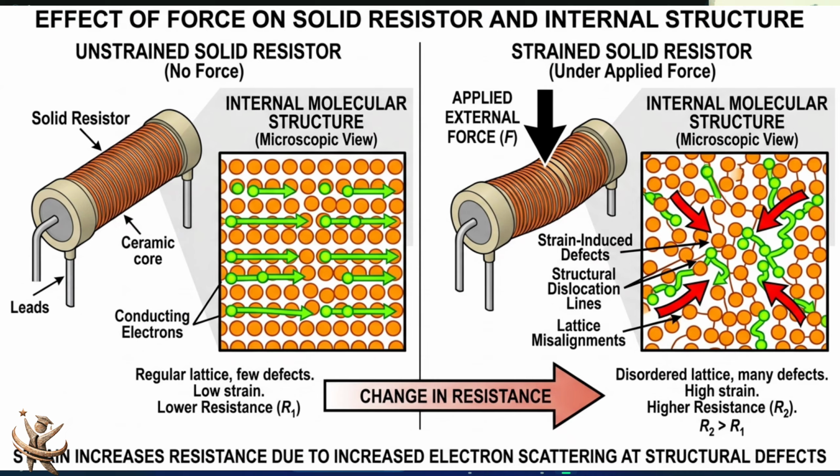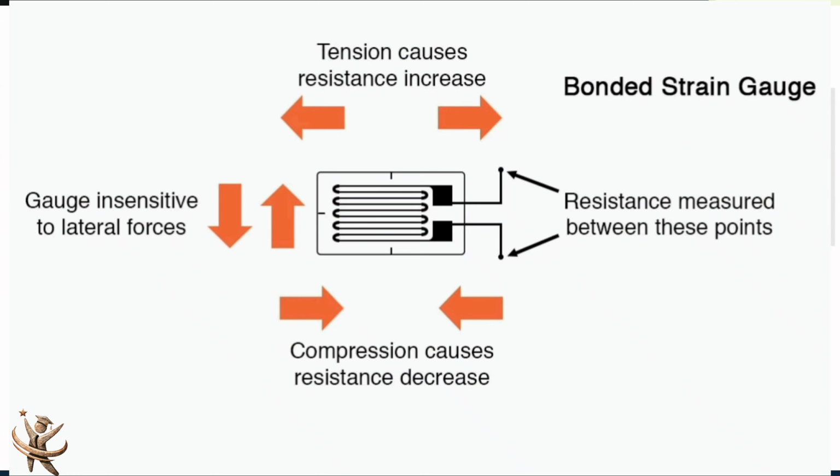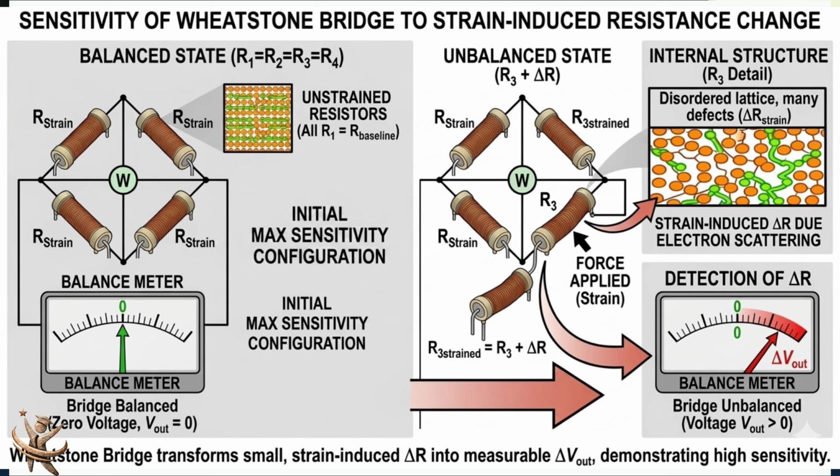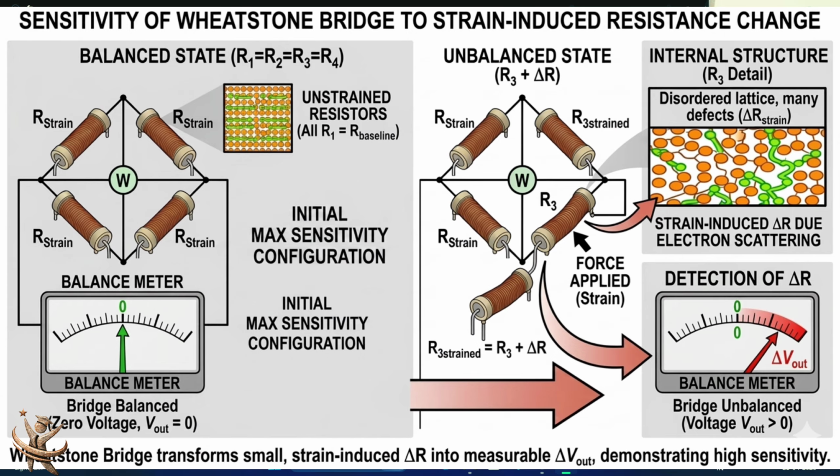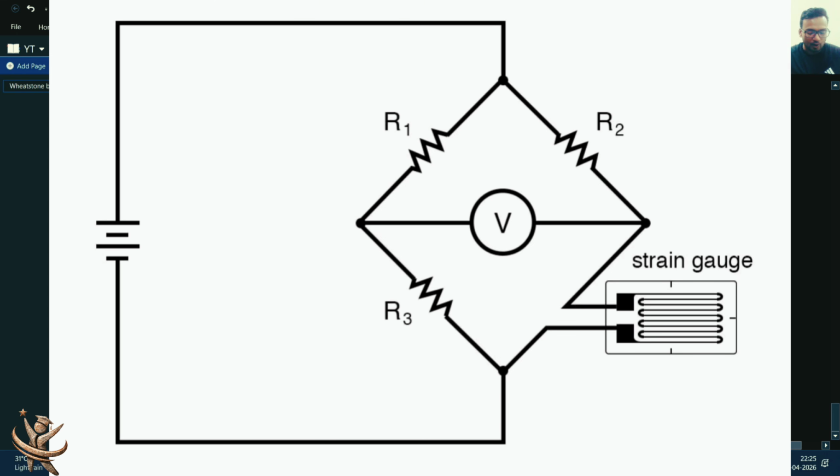That means if you stretch, compress, elongate, or twist the material, you are causing change at the molecular level. So basically, force is creating strain, which is a mechanical strain, and that strain is creating change in the resistance of the material. Of course, that change is very minute, but the bridge is so sensitive that it can sense such small changes, and you'll get a measurable output voltage change, as discussed above.